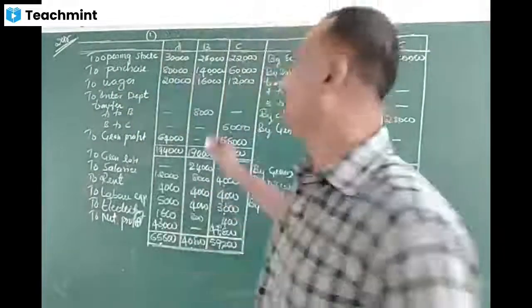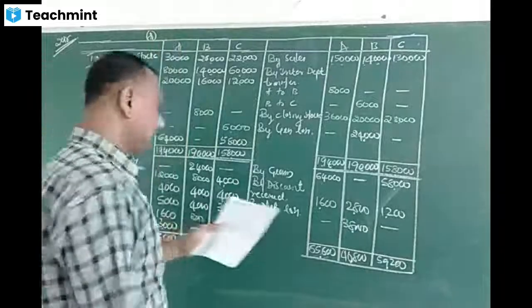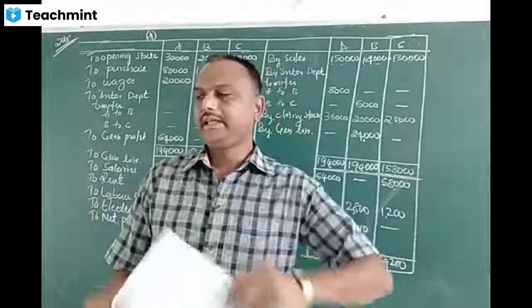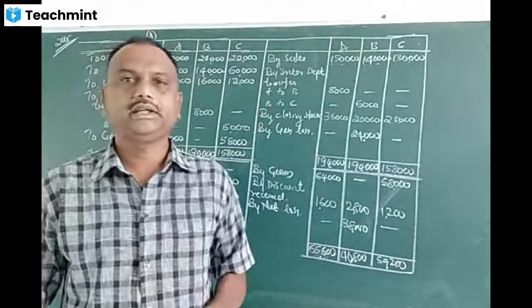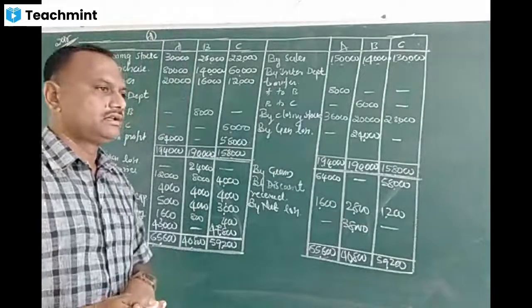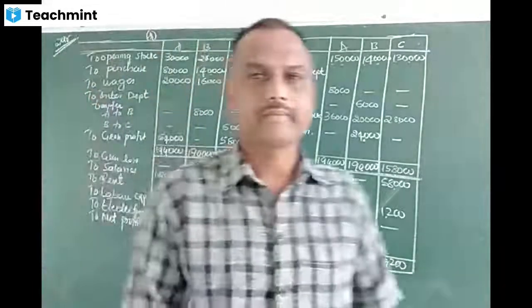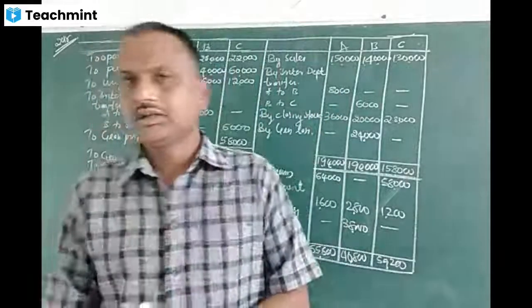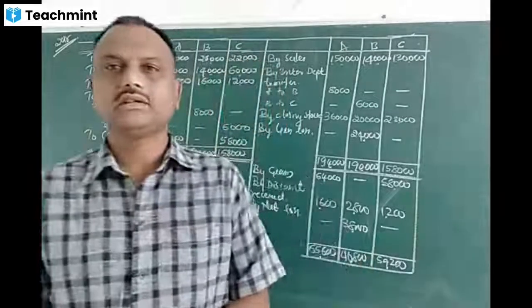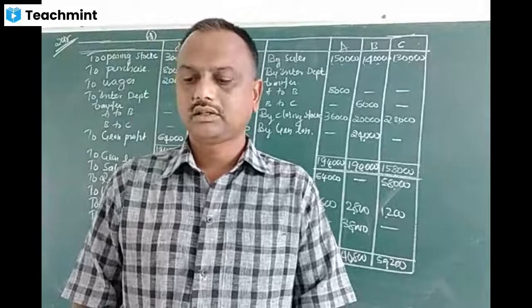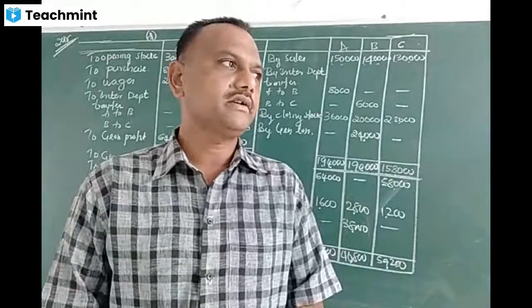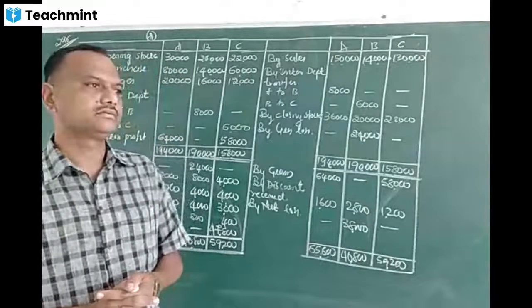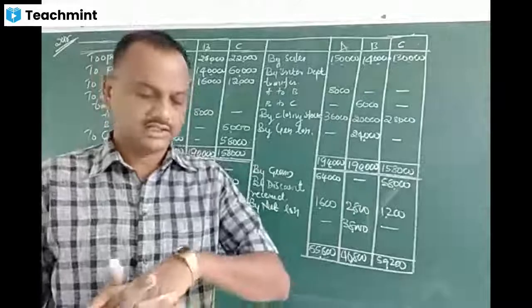So question number B, answer: department B is to be closed because it is under loss.